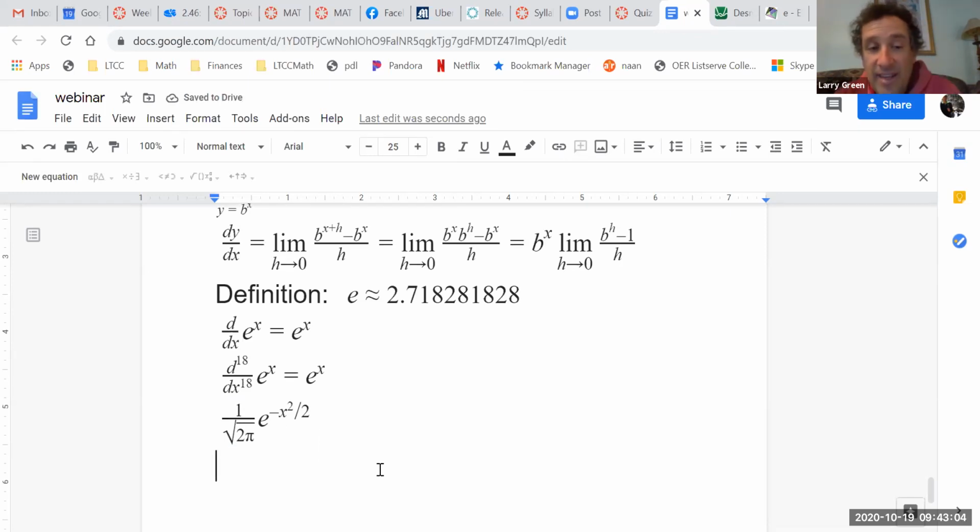So that's a composition of e to the x and x squared basically. And Quinn, what is that?